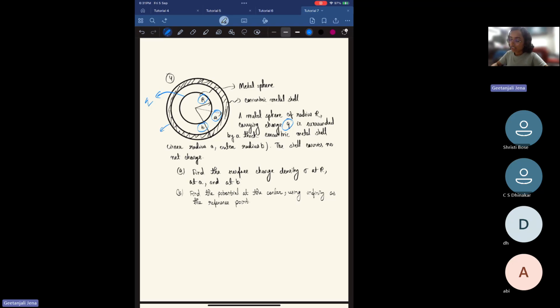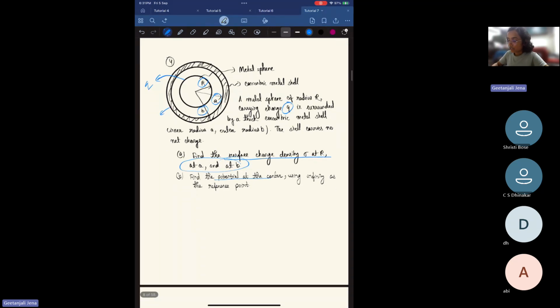So you need to find out what is the surface charge density at the different surfaces. One is at the metal sphere and the other is at the concentric metal shell. Afterwards, you need to find out what is the potential at the center using infinity as the reference point.